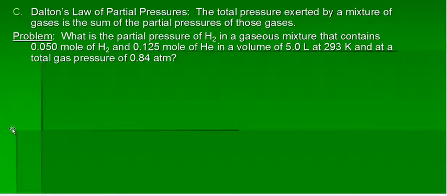So let's look at an example that would incorporate Dalton's law. What's the partial pressure of H2 in a mixture that contains hydrogen and helium? We're given the volume, we're given the temperature, and we're given the total gas pressure. Now there's a couple ways to work this problem, but I'm going to do it using mole fractions. So I'm going to find the partial pressure of H2. Use the ideal gas law, nRT over V. So we're going to use n, which for hydrogen is 0.05.